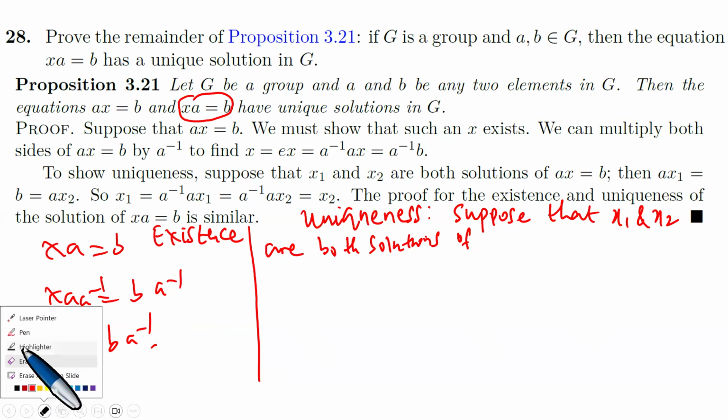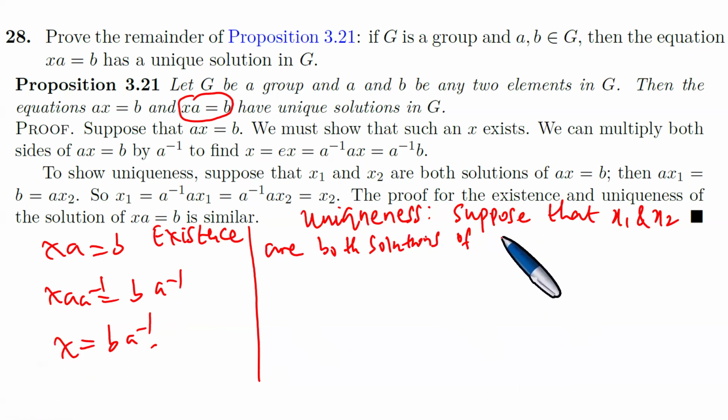Okay, because they are just the different order. So we suppose that there are some other solutions, x1, x2, both solutions of xa equals b.